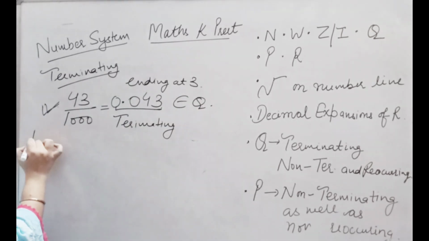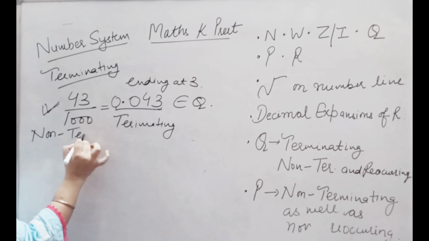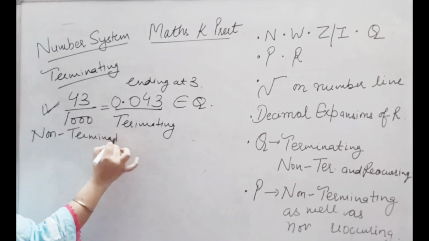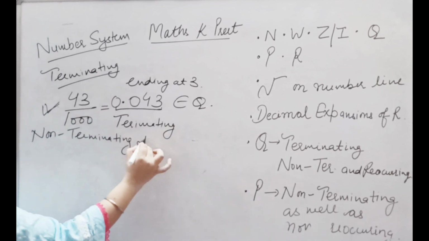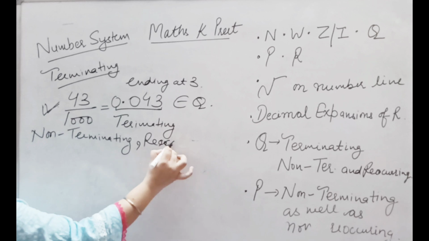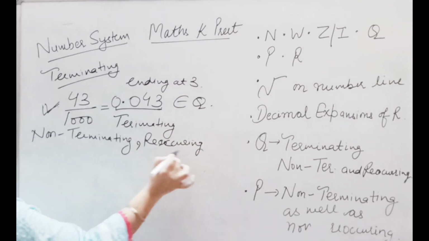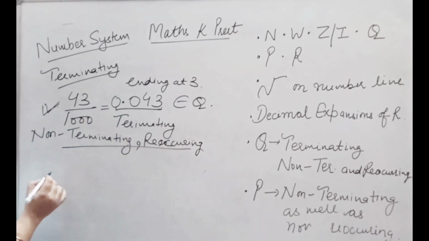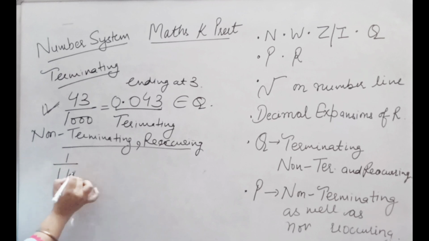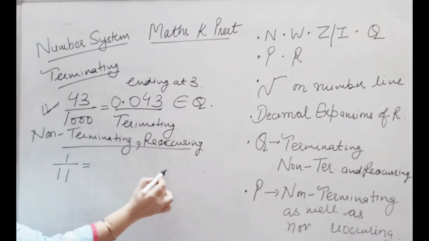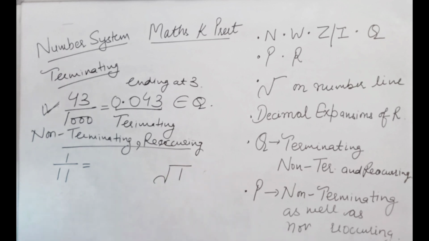Second case is non-terminating and reoccurring. Let's take the example 1 by 11. How will we do this? We take 1 as the dividend, 11 is the divisor. 1 is of no use, 1 is less than 11.